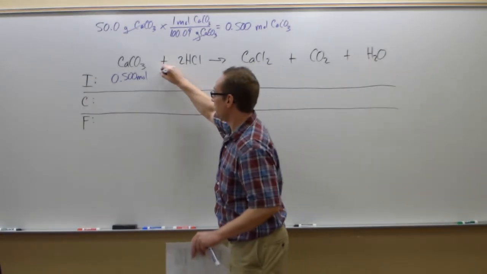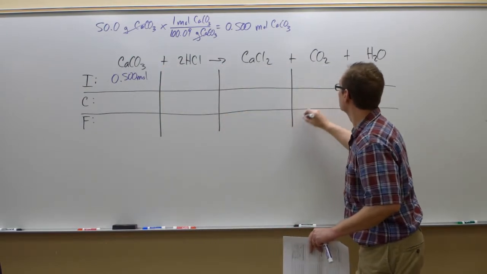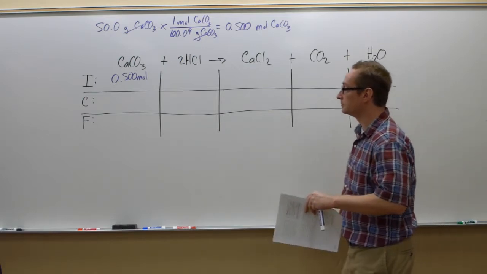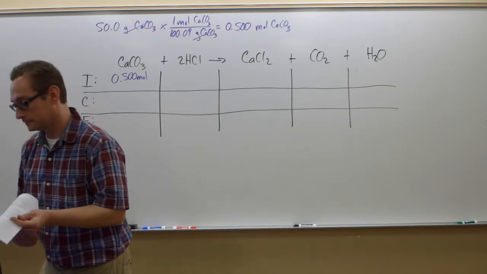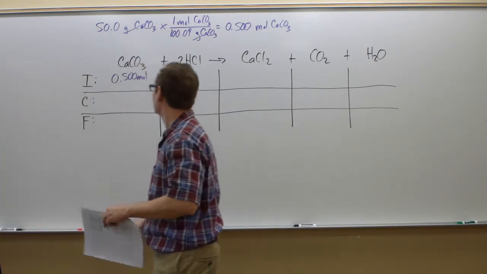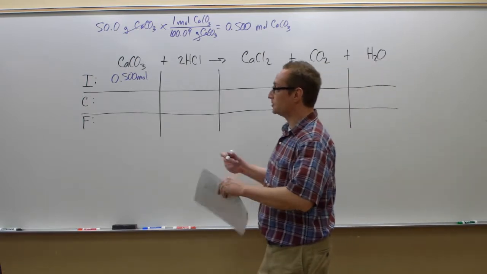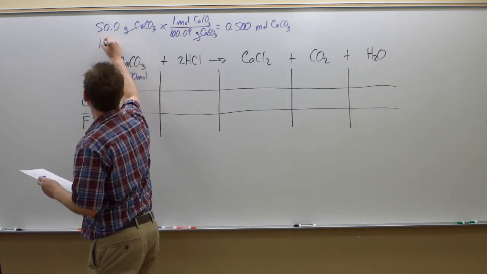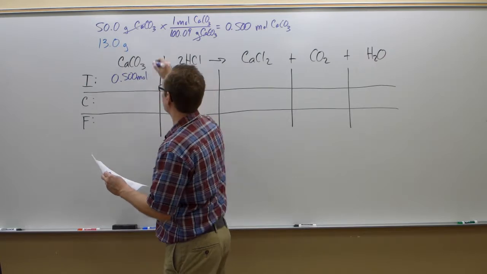I'm going to make my spreadsheet here. So I got 0.500 moles of calcium carbonate. I'm going to do the same thing for HCl. 13.0 grams HCl.